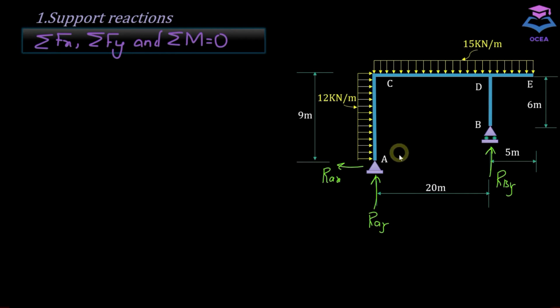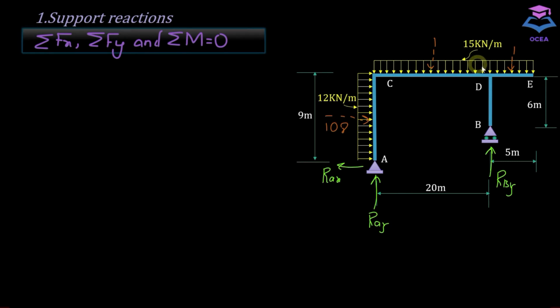Before applying conditions of equilibrium, we are going to convert these UDLs into resultant point loads. To calculate the value of this point load, we just have to calculate the area of this UDL. The area of this UDL is equal to 12 multiplied by 9, which is coming out to be 108.